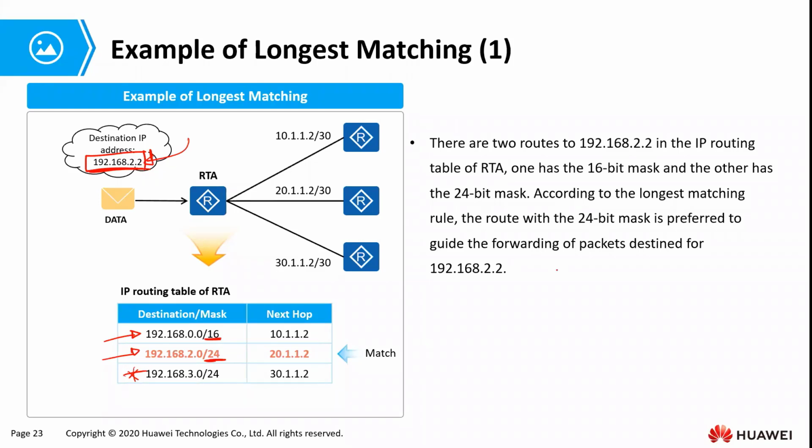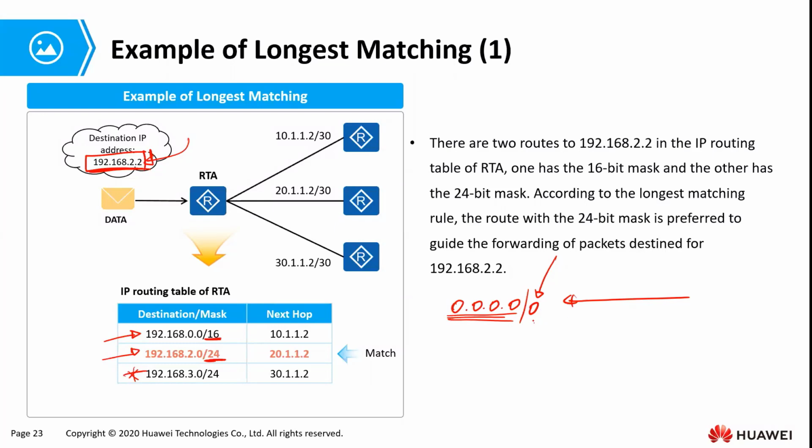It will select 24. Oh, by the way, for your information, we can even add a route with a destination of 0.0.0.0/0 network. This route matches all destinations because it has the shortest length and it is an any-network destination.